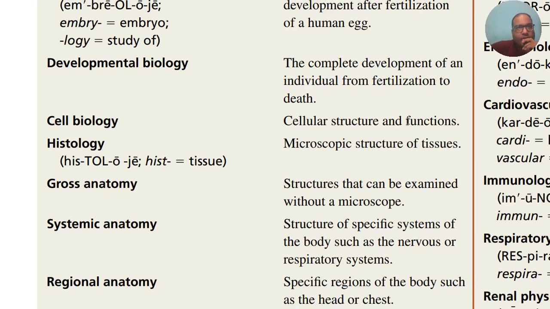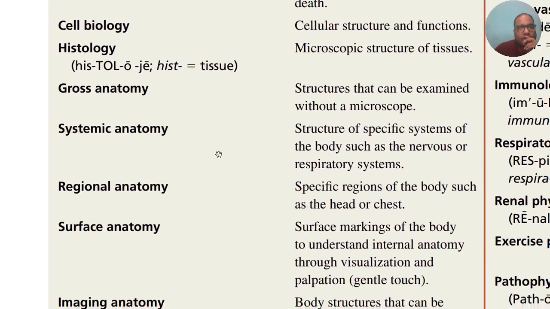Gross anatomy deals with structures that can be examined without a microscope. Without the help of a microscope, only overall structures are studied under gross anatomy. Systemic anatomy studies the structures of a specific system of the body, such as the nervous system, respiratory system or digestive system.